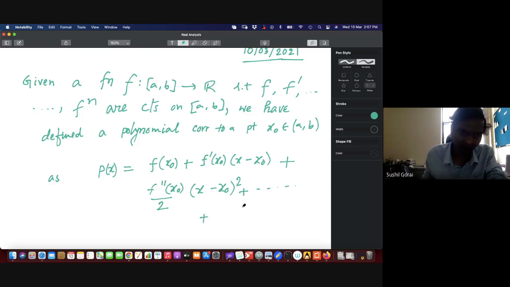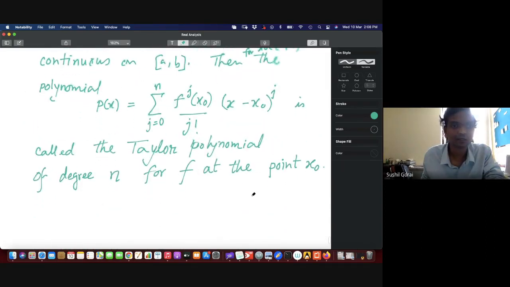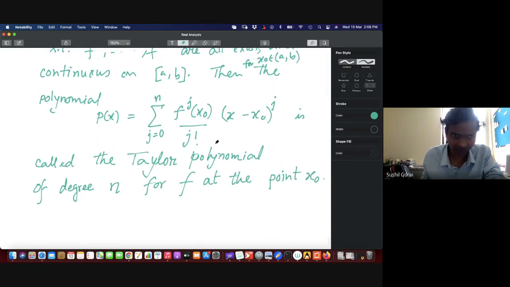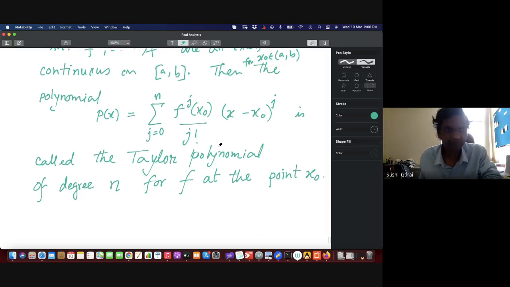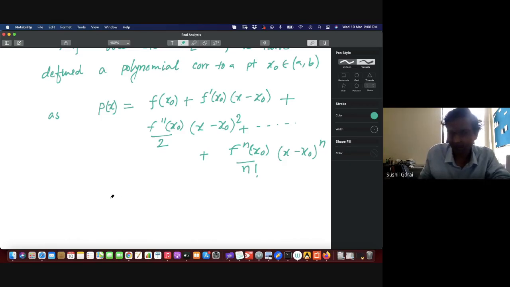The last term is f^(n) of x naught by factorial n times (x minus x naught) to the n. So we have defined a polynomial like this, right?